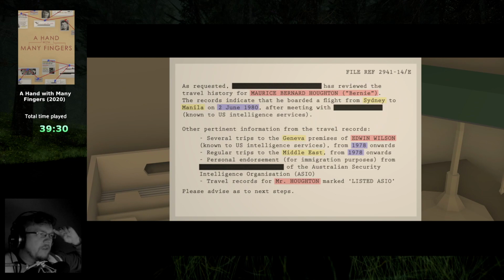As requested, travel history for Bernard Houghton. Bernie. The records indicate that he bought a flight from Sydney to Manila on June 2nd, 1980, after meeting with somebody known to US intelligence services. Other pertinent information from travel records: several trips to Geneva premises of Edwin Wilson.